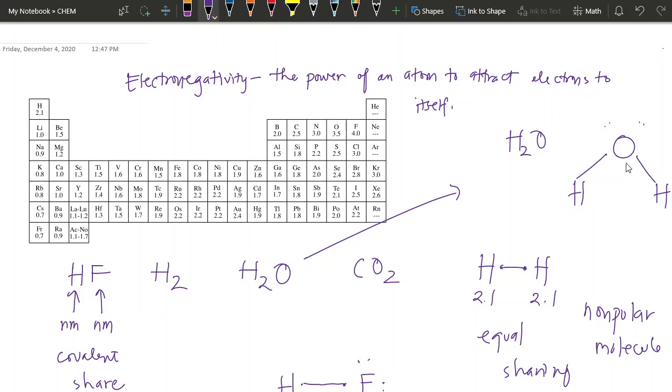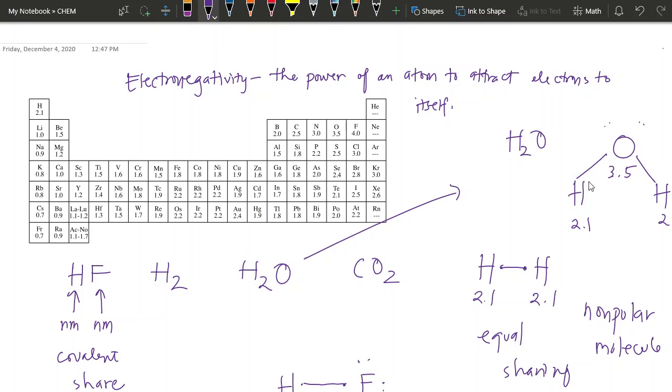So H2O, let's discuss the electronegativity. Electronegativity for hydrogen is 2.1, the same thing for this. Oxygen, electronegativity is 3.5. Here we have 2 bonds, right? So here one bond, and this one is the other bond.